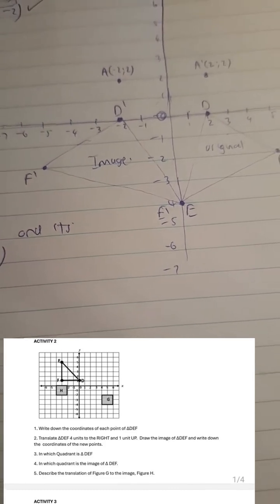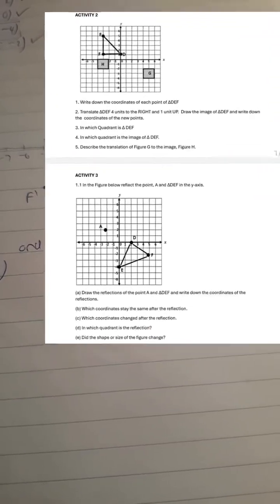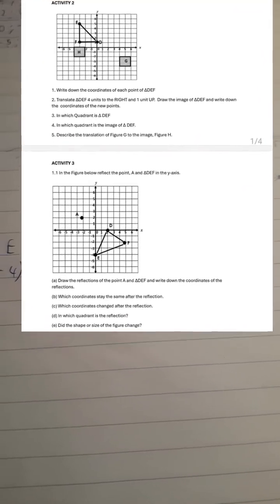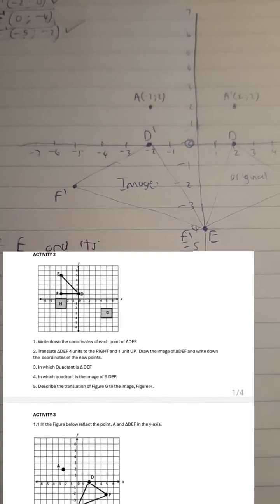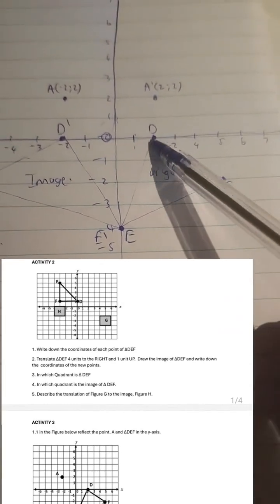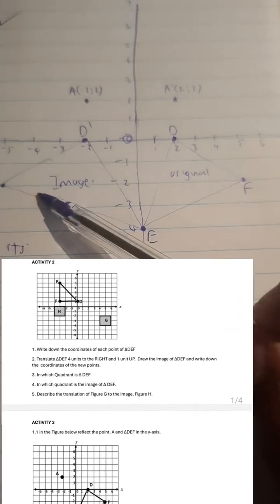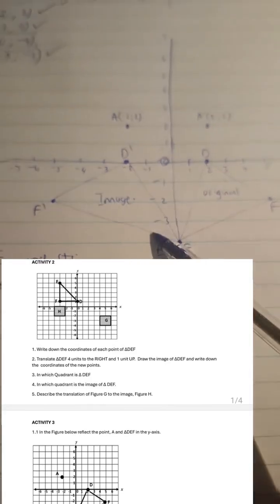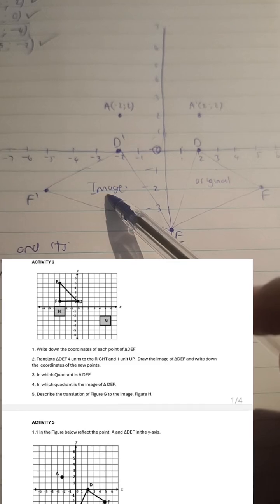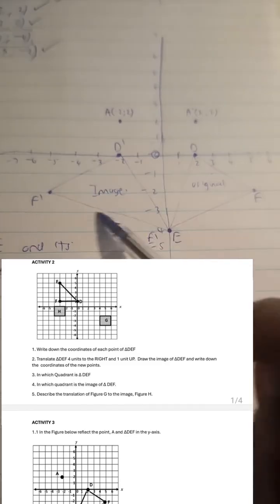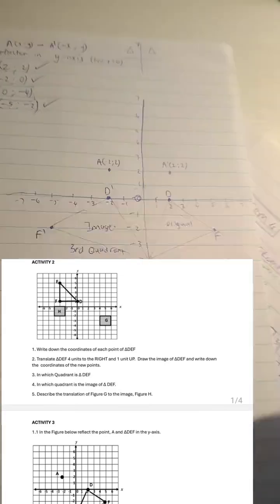We can answer the questions independently here. Firstly, for the triangle. Let's look at triangle DEF. Triangle DEF originally was in the 4th quadrant, but after the reflection, in which quadrant is it now located? The image is now in the 3rd quadrant. So that is for triangle DEF.